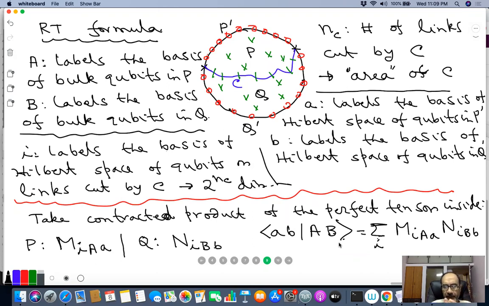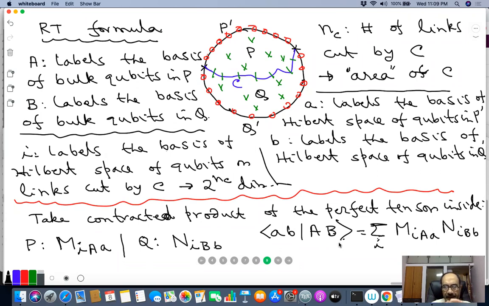But once you have chosen a cutoff, the cutoff is basically about where you cut off the boundary, how you define the boundary. We're assuming that we take the boundary to be far enough away so that you have a large number of bulk points inside, and as a result also a large number of links that cut the boundary, which give the boundary points, but it's a finite number.